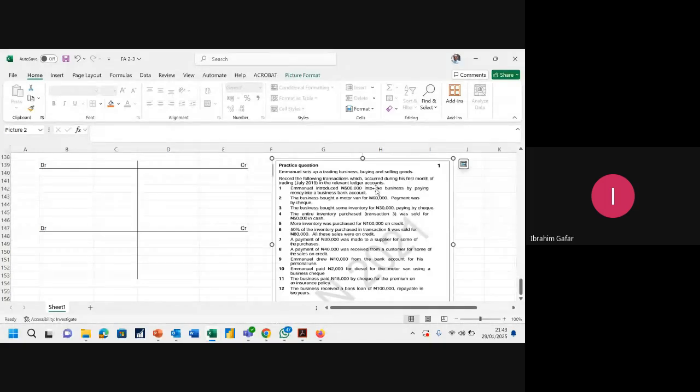Record the transactions which occurred during the first month of trading, July 2019, in the relevant ledger accounts. Now we have Emmanuel introduced 500,000 naira into the business by paying money into a business bank account.